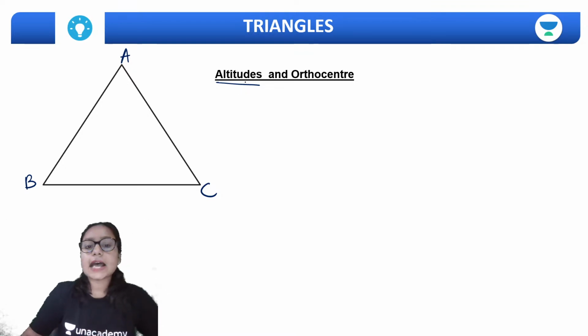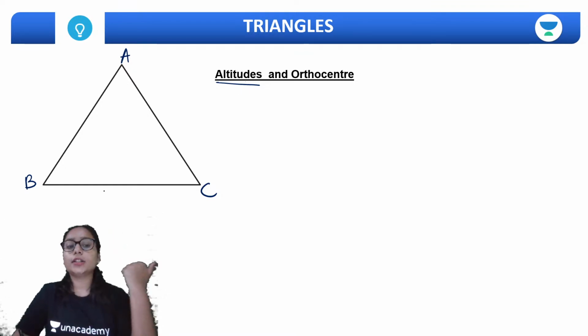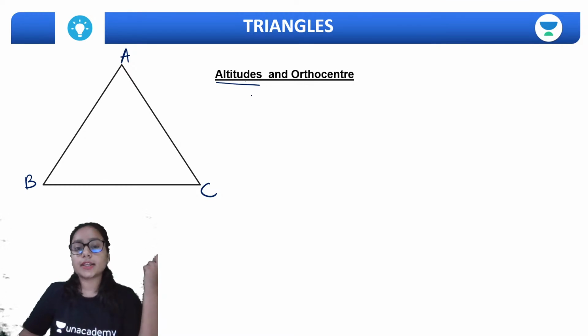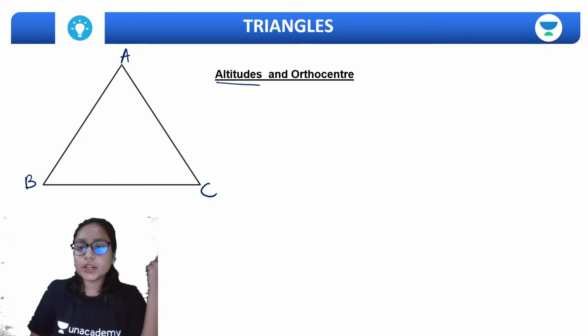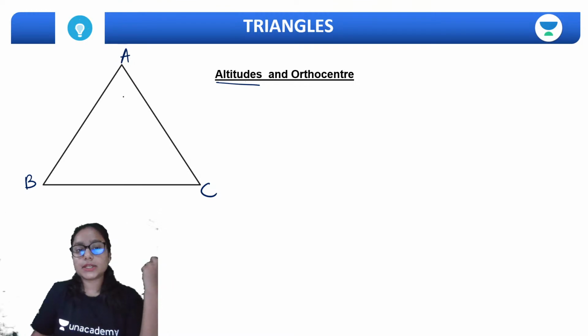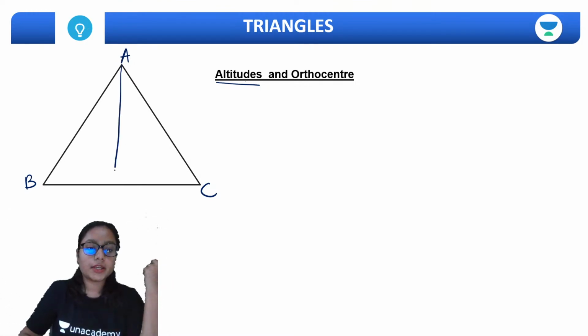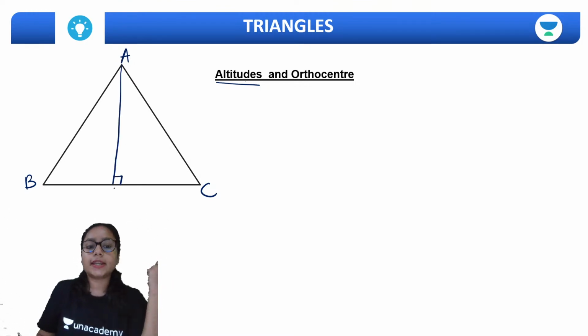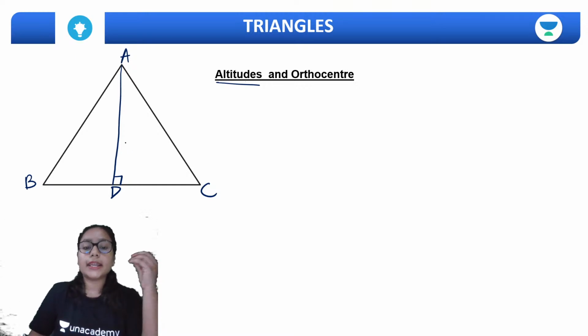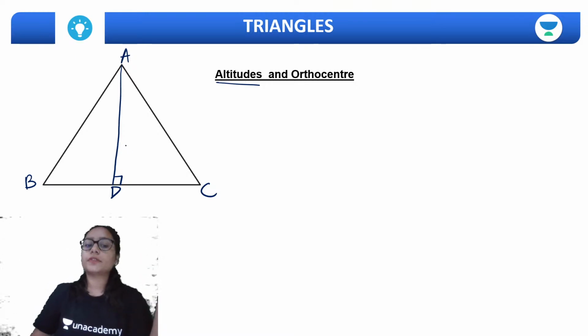Correct. This is the height of the triangle, 90 degrees on the other side. So if you draw a perpendicular from point A to the opposite side BC, then let us take it as AD. Then AD is a perpendicular. AD is the altitude of this triangle.